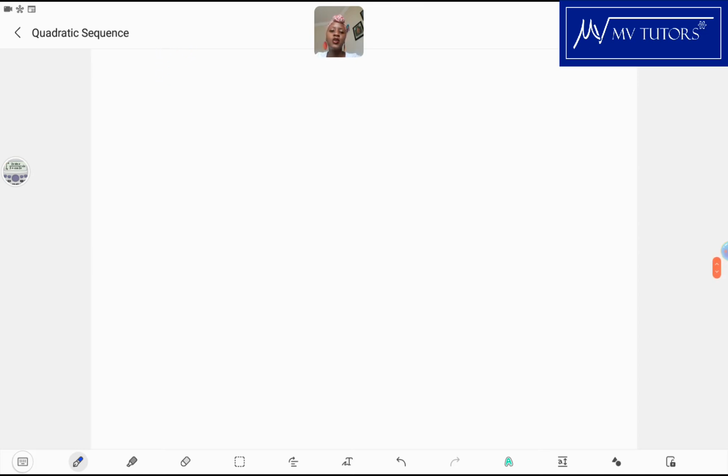So let's say you have cards to stack, for the quadratic pattern, quadratic sequence. Let's say in your first row you had a card to stack. So there are 3 cards there.